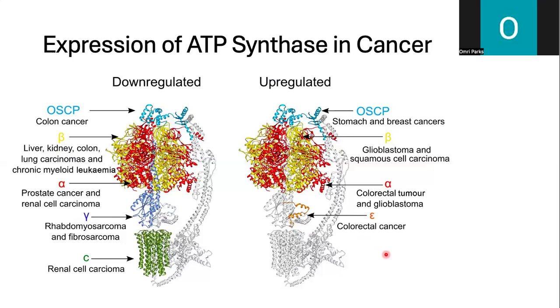Like I said, the overexpression of ATP synthase can influence energy balance in cancer cells. The figure also shows that high ATP synthase levels correlate with increased ATP production through OXPHOS.